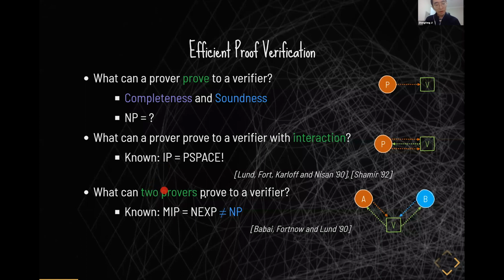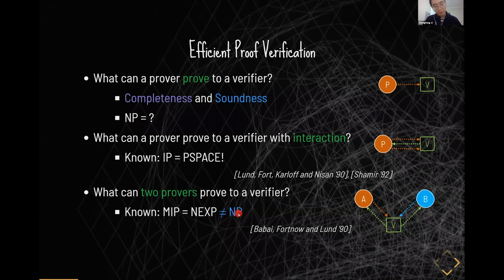A further generalization of proof verification is to consider two provers. It's important now that the provers, Alice and Bob, cannot communicate with each other once the game starts. The verifier sends questions to the provers, and the provers respond. The class called MIP has a characterization: MIP equals NEXP, non-deterministic exponential time, like an exponentially larger version of NP.